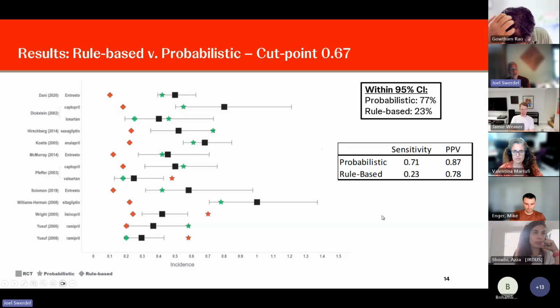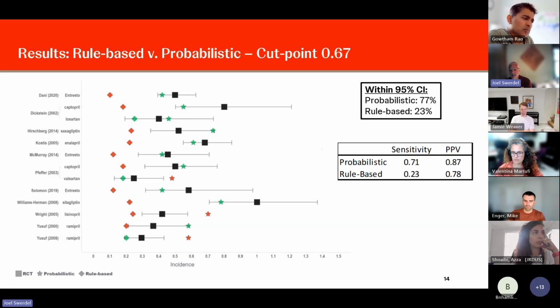If you took just the rule-based that had a probability of greater than 0.67, which you might want to accept, that cuts this down even more. So a lot of these numbers here were for people who had low probability based upon the model that we were using. 0.67, it wasn't just drawn out of a hat.